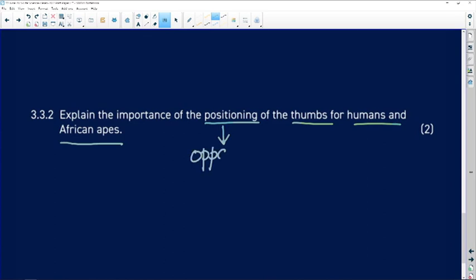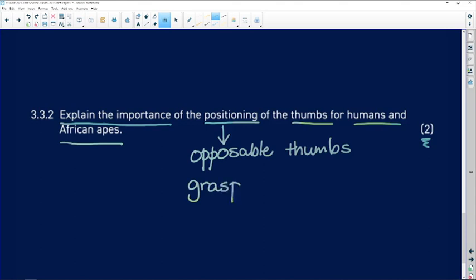We name it opposable thumbs, and explain its importance. It is important for grasping or carrying items or tools. It helps both the humans and the African apes to hold things, to grasp things.